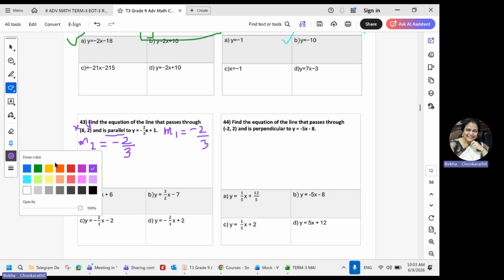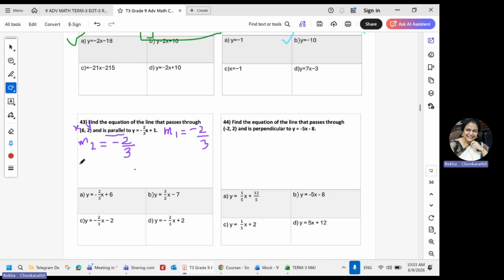Now let's find the b. How do you write starting? y equal mx plus b. So y is given as 2. m is minus 2 by 3. And your x is 6.